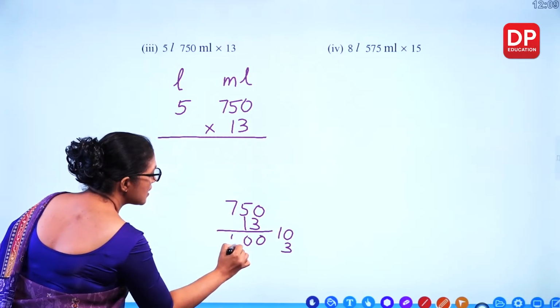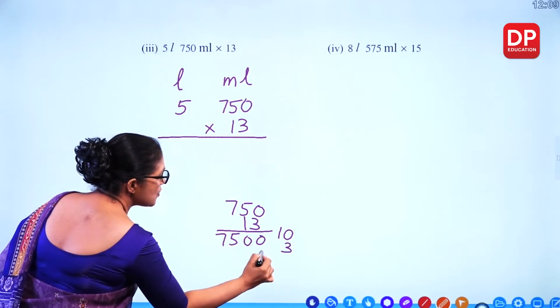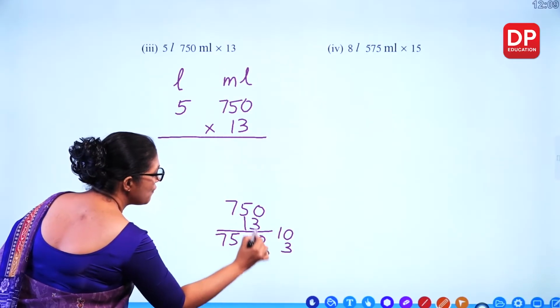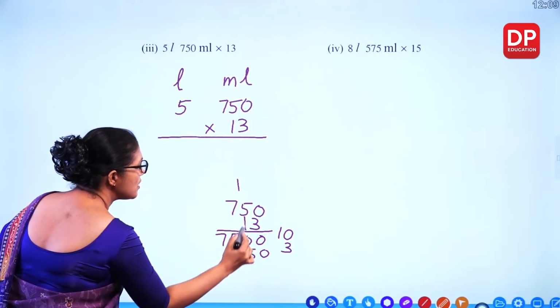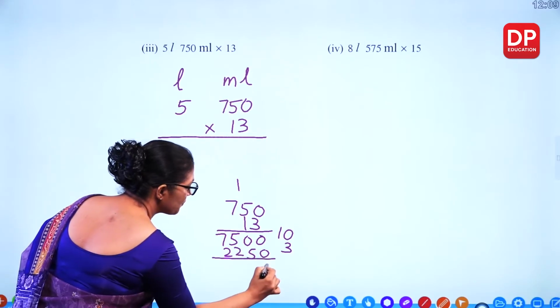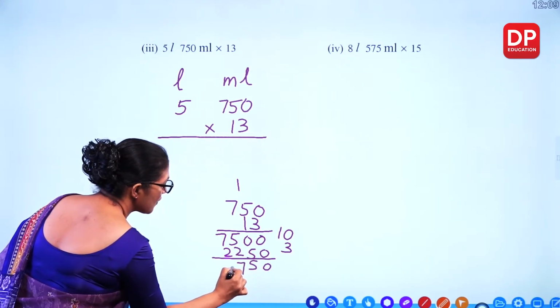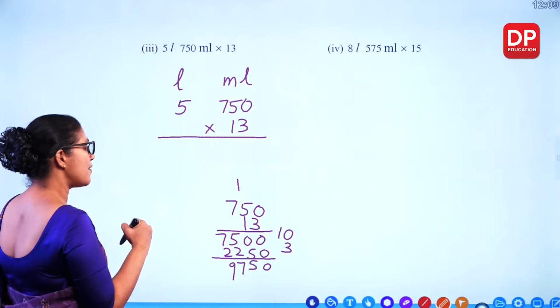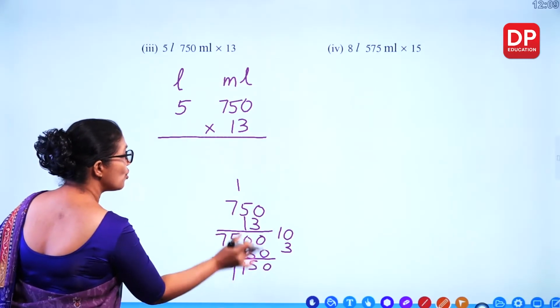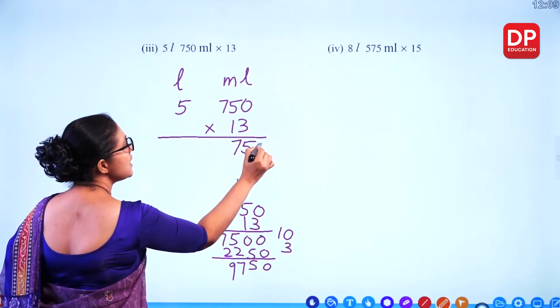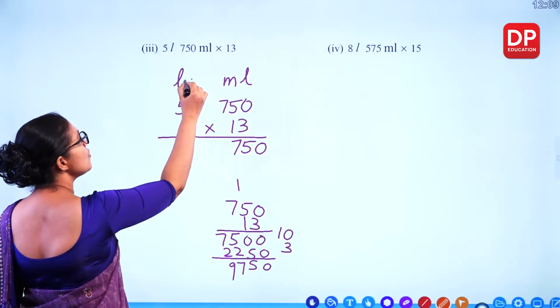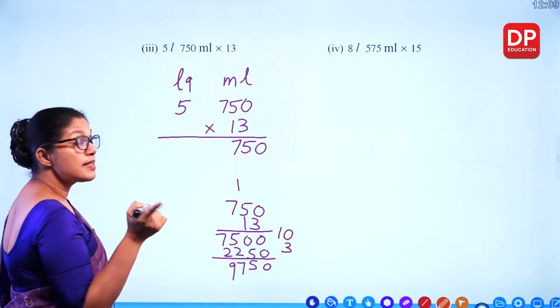So you get 3 times 0, 0, 3 times 5, 15, 3 times 7, 21 plus 1, 22. When you add it, you get 9,750. So what you do? You write 750 here and take 9 to the other side. 13 times 5.